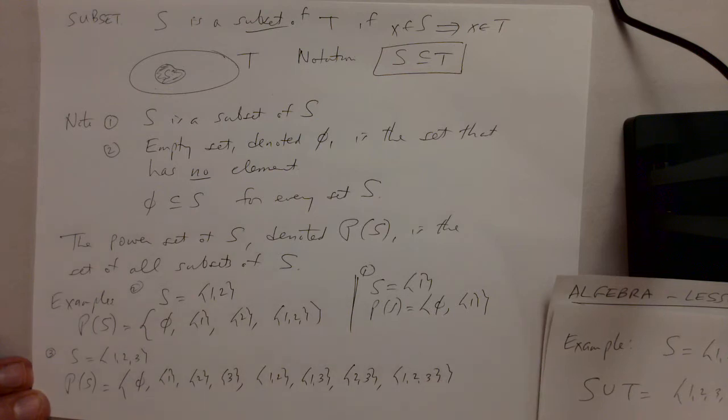How large are the power sets? When we have a set with one element, the power set had two elements. When we had a set with two elements, the power set had four elements. With a set of three elements, the power set has 8 elements.